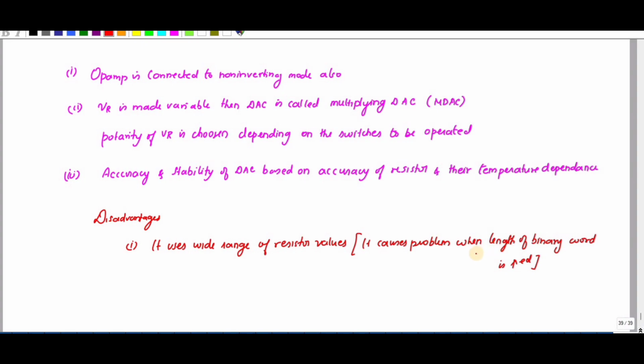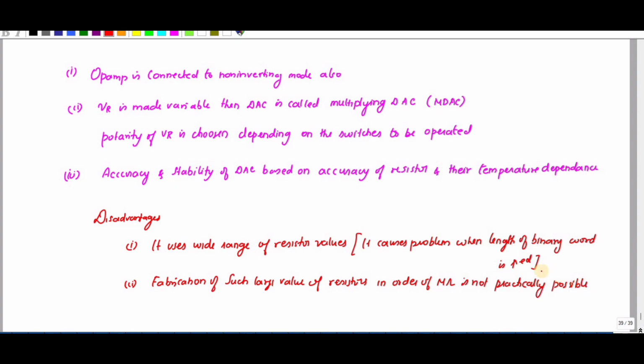So if n is increasing, obviously the range of the resistor values also increases. Therefore the fabrication of such resistors is difficult. So next we will discuss the advantage of this DAC and how to overcome this problem.